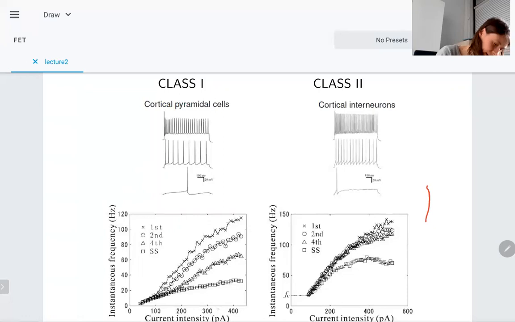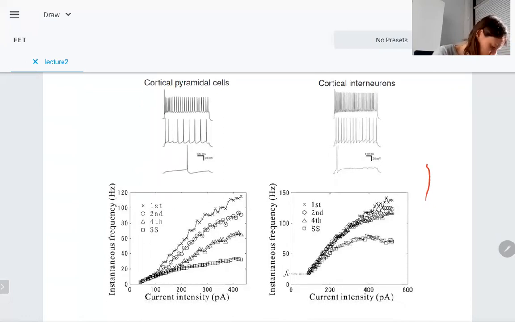So he was injecting current of different intensities, and for low values he didn't have any periodic response. But when the cell started to show repetitive action potentials, they started with a very low frequency, very close to 0. And then as the current intensity increased, the frequency increased, okay?